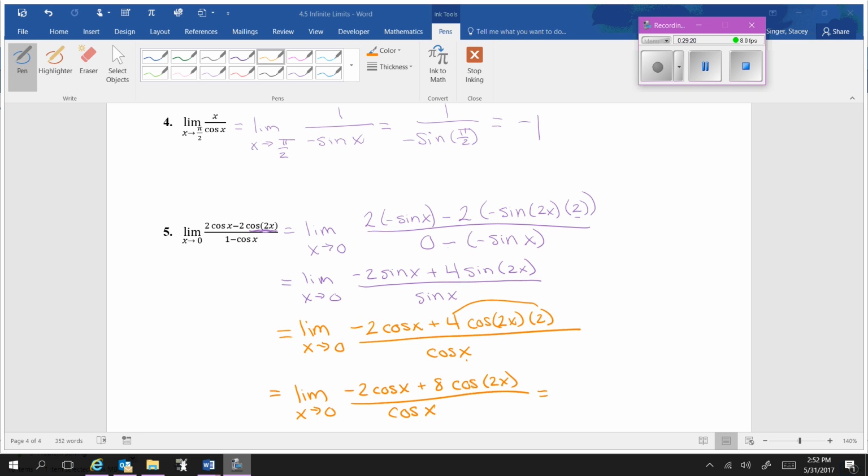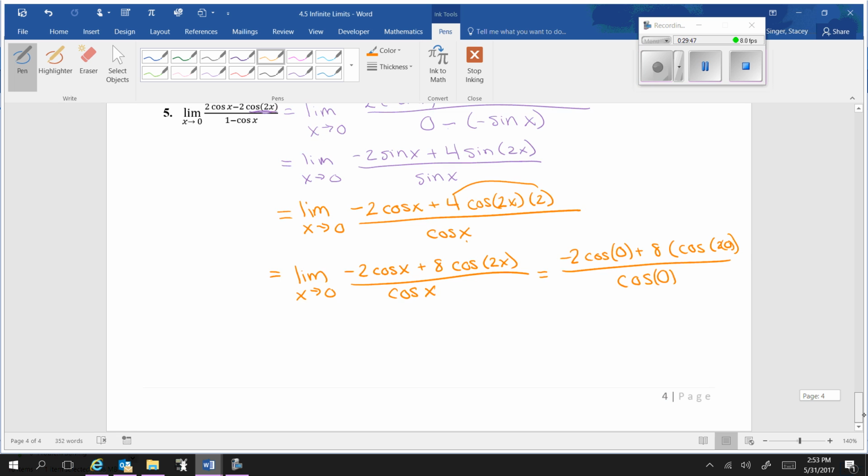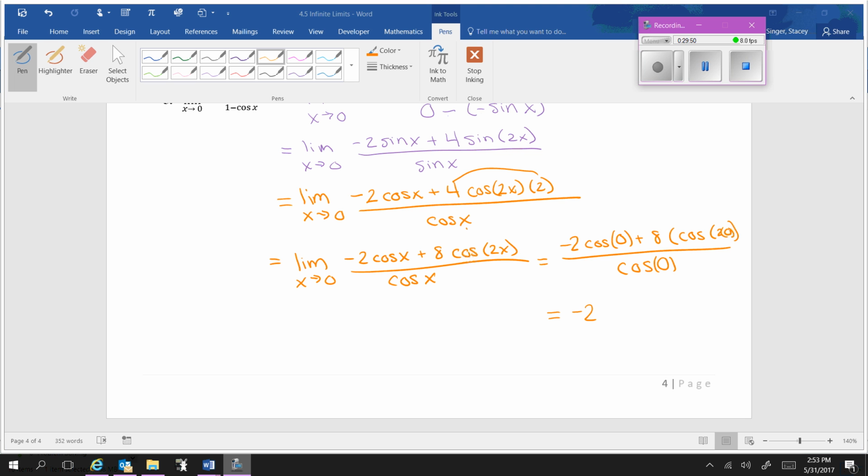So now when I plug in 0, I would have negative 2 times the cosine of 0 plus 8 times the cosine of 2 times 0, which is still 0, divided by the cosine of 0, and cosine of 0 is 1. So if I plug in 1, I have negative 2 times 1 plus 8 times 1 divided by 1, which gives me negative 2 plus 8, which gives me 6.